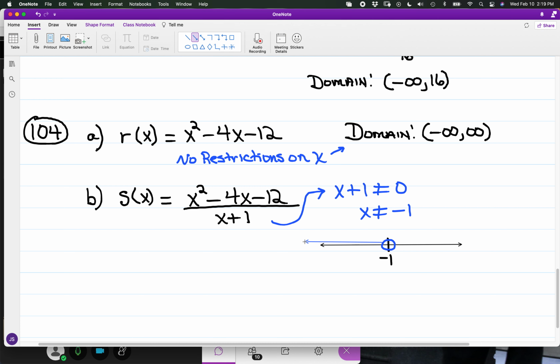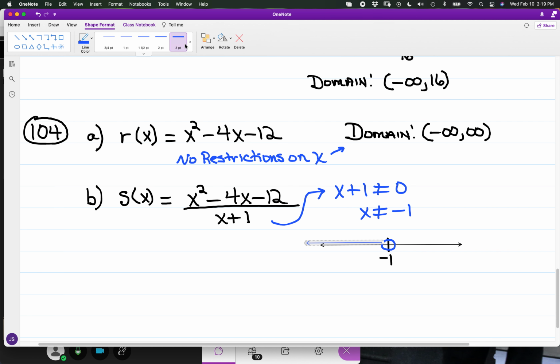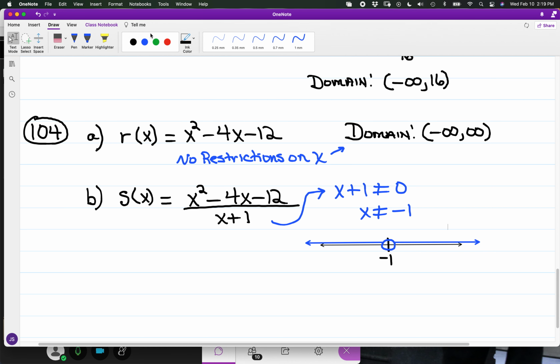So on the lower end as well as the upper end, you have excluding negative 1.